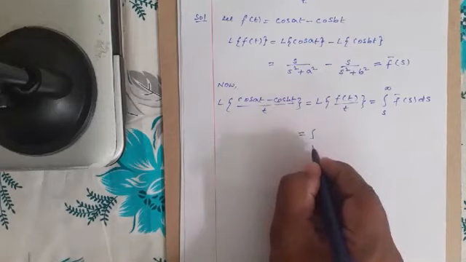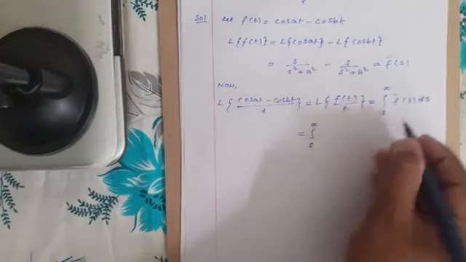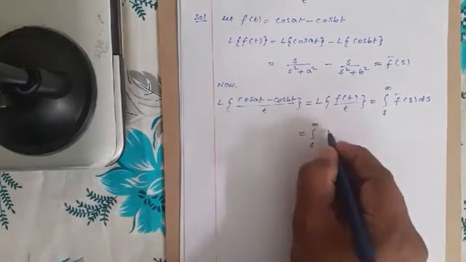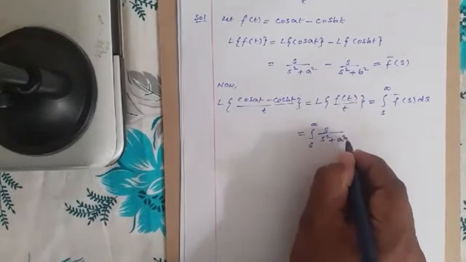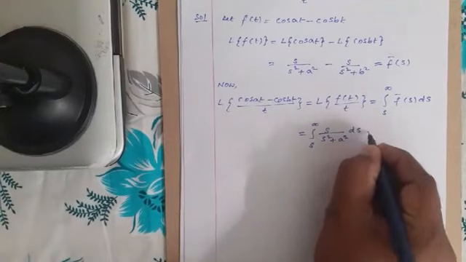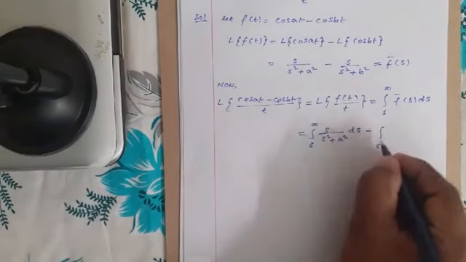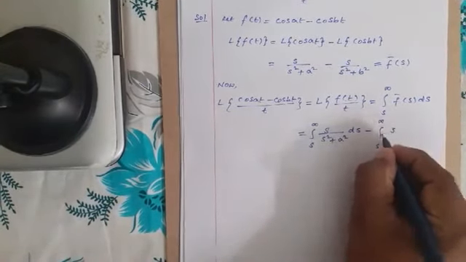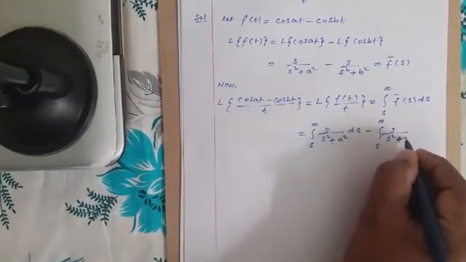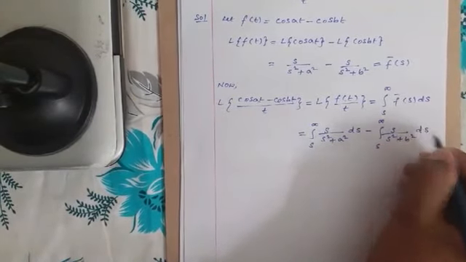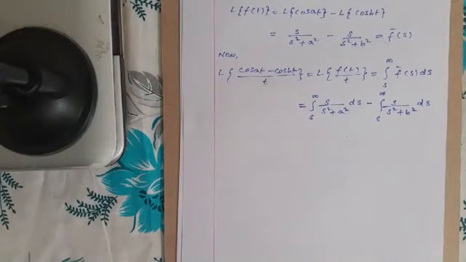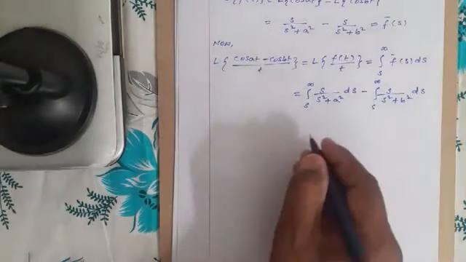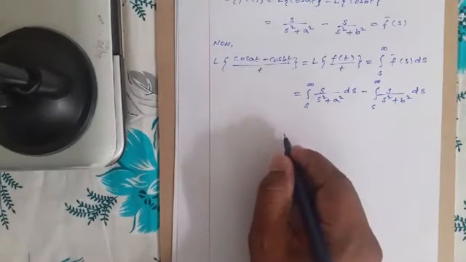integral s to infinity, f bar s is nothing but s upon s square plus a square ds, minus integral s to infinity s upon s square plus b square ds. So after writing this, now here you have to see whether we can apply any formula or not.